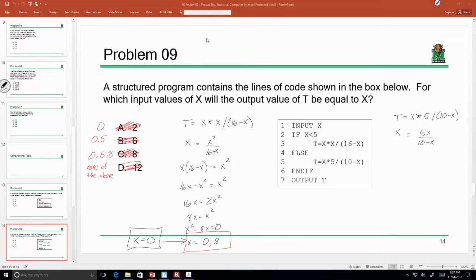So I'm going to set that equal to x and solve. So x times 10 minus x is 5x. 10x minus x squared equals 5x. So 5x minus x squared equals 0. So that's x times 5 minus x equals 0. So x equals 0 comma 5.